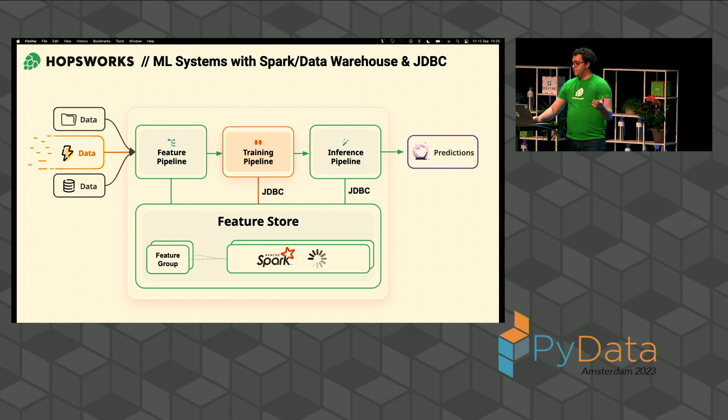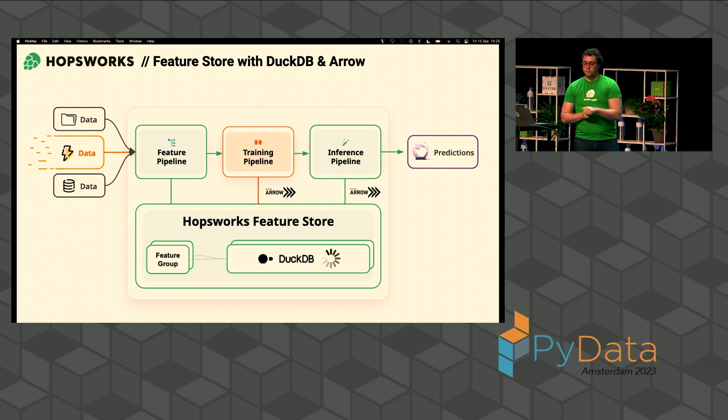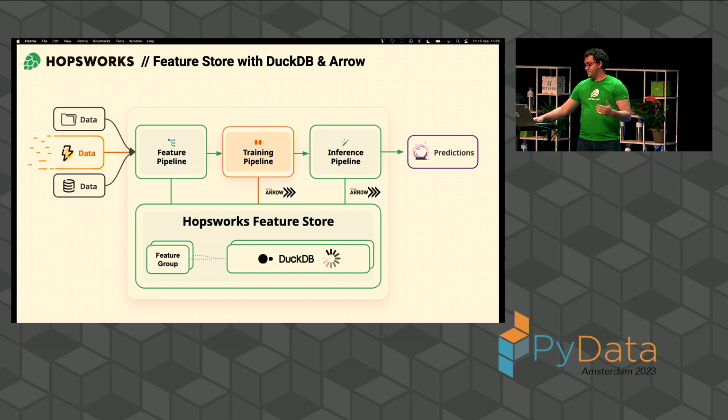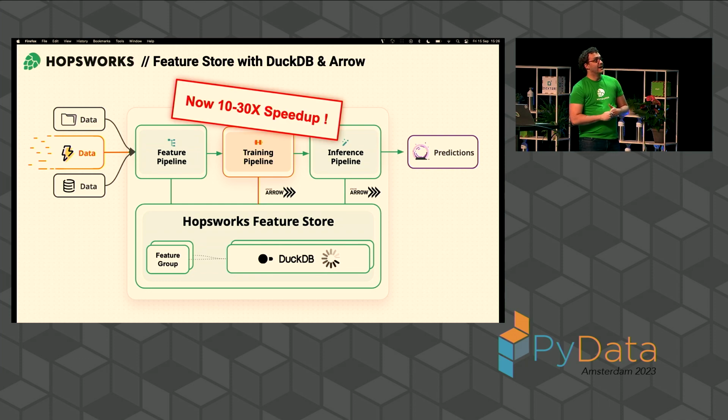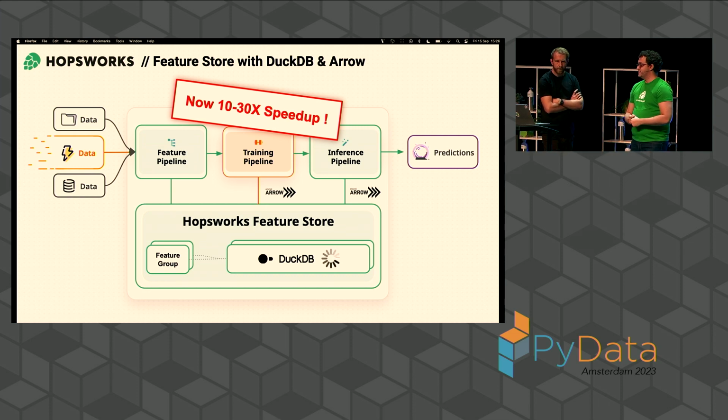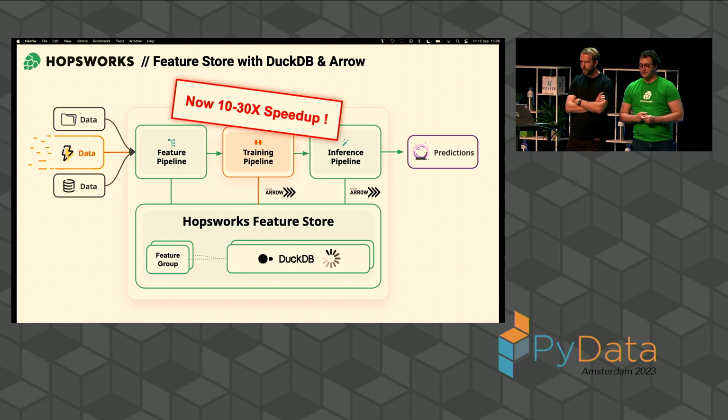But at a high level, what we did is we replaced Spark with DuckDB, and we replaced JDBC with the ArrowFlight protocol. This makes things way faster, not just a little bit. And now Till is going to go into the implementation details and explain how we did it.